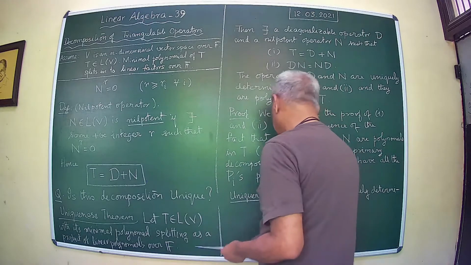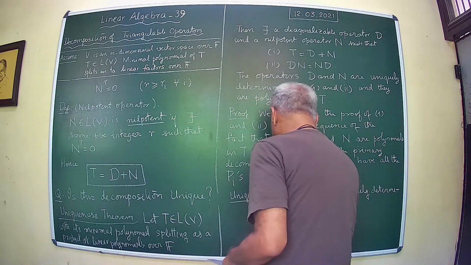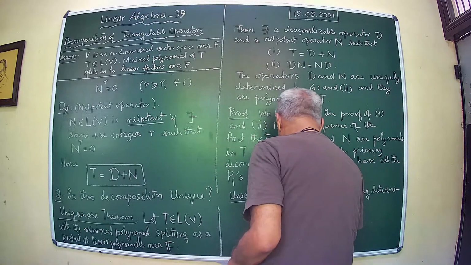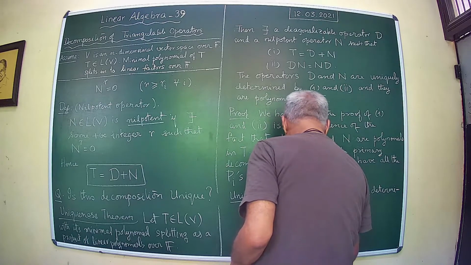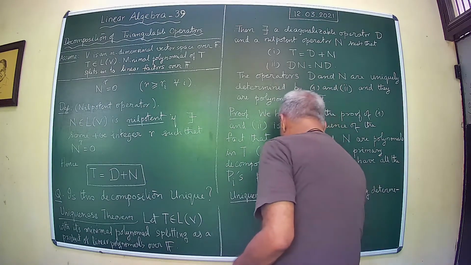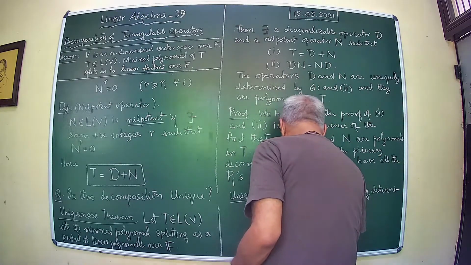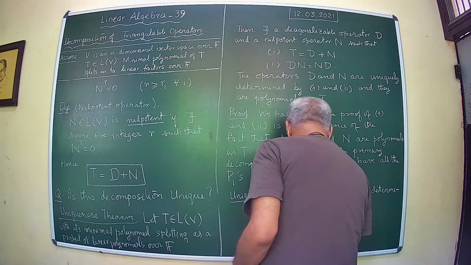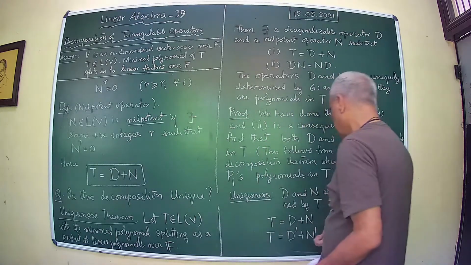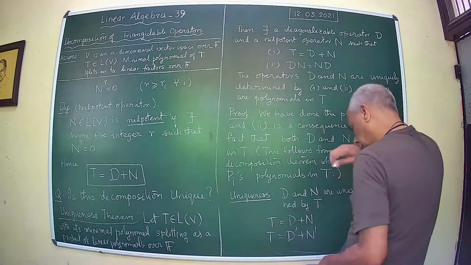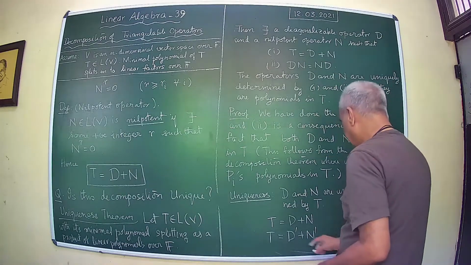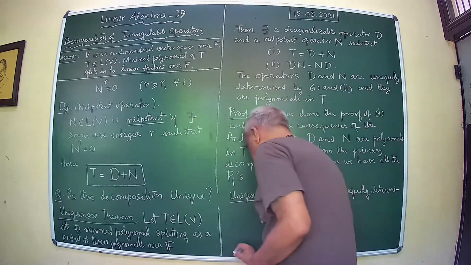Suppose, the usual process, T is equal to D plus N and T is also equal to D prime plus N prime, where of course D prime and N prime commute.